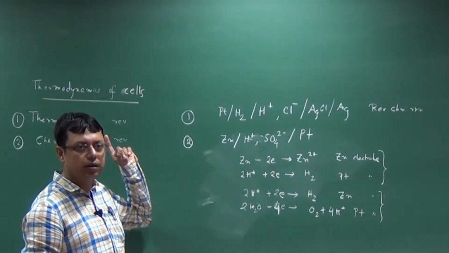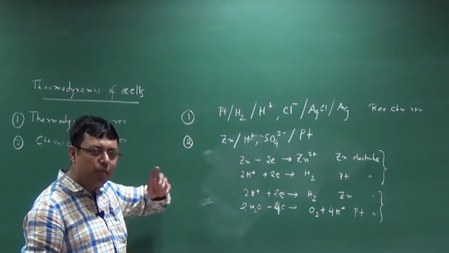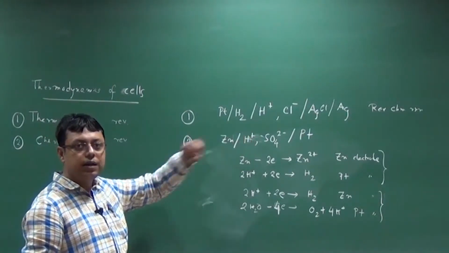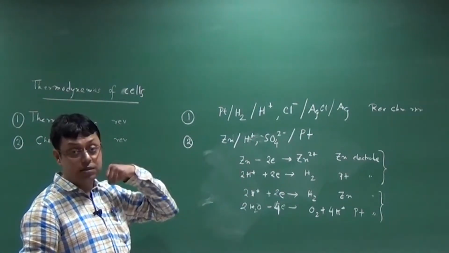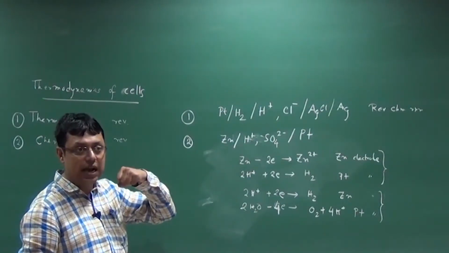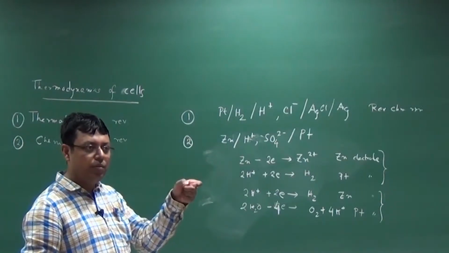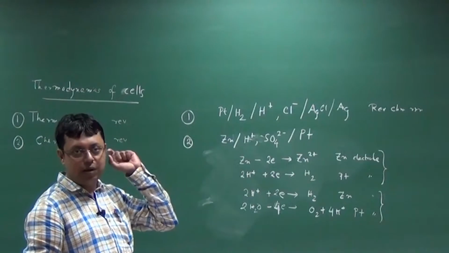Cannot be, right? But if it is chemically reversible, it may or may not be thermodynamically reversible, because suppose the electron transfer is extremely fast in one direction, and the reverse is not very easily attainable, which means at each step I am not actually maintaining the equilibrium, so it may not be thermodynamically reversible.